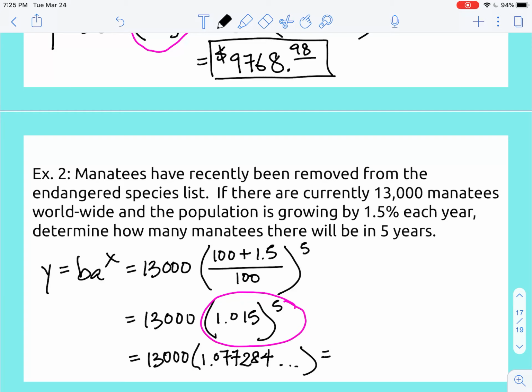And I'm talking about an animal right here, so it might be best if we just round to the nearest whole number, because we're not really considering pregnant manatees, we're just considering ones that are actually born. And when you do that, I believe you get 14,004 manatees.